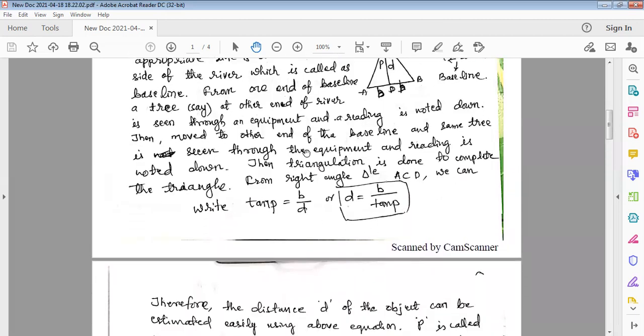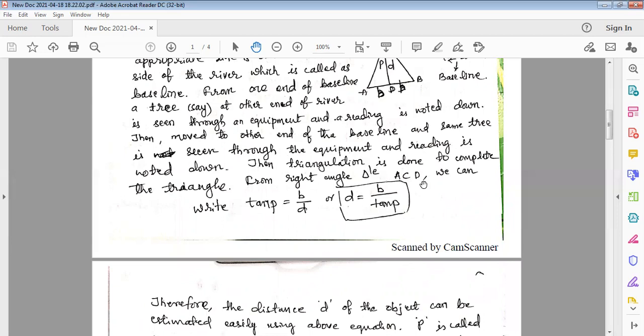Then triangulation is done to complete the triangle.